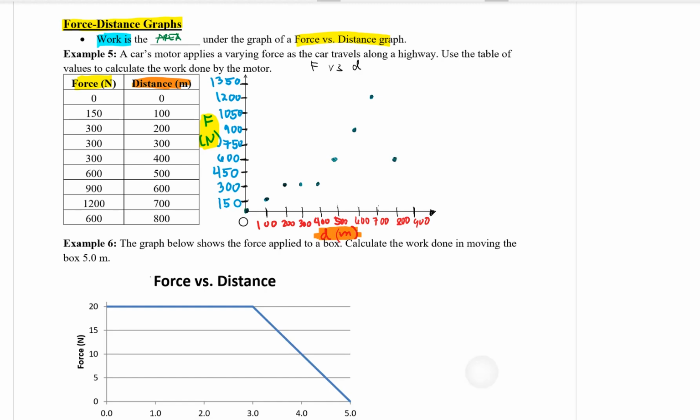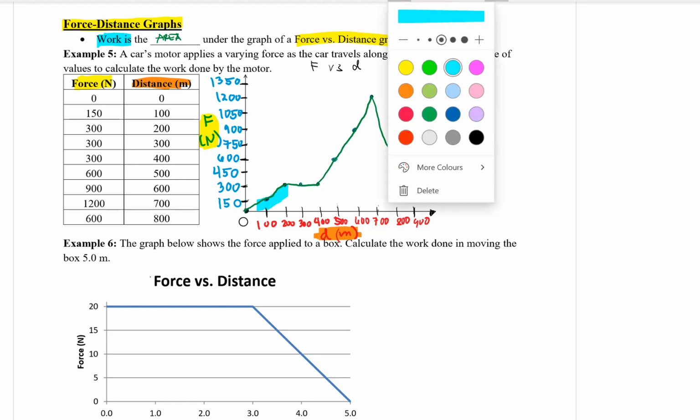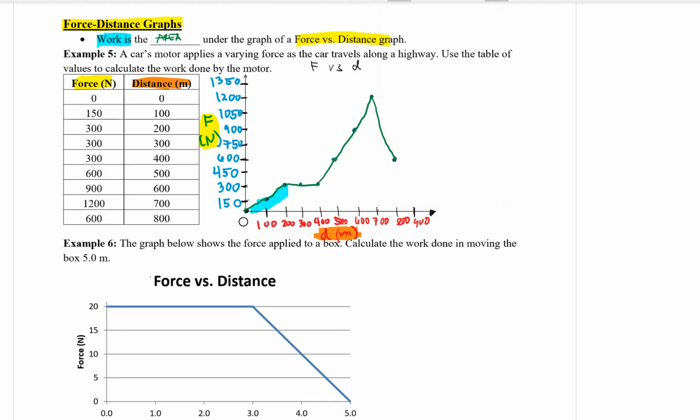So my graph would look like this. It goes up, and then goes up and down. So work done here is given by the area under the curve. So the area under the graph would give me the work.